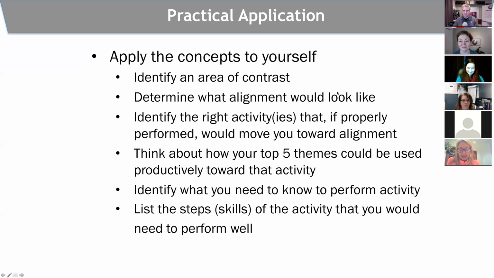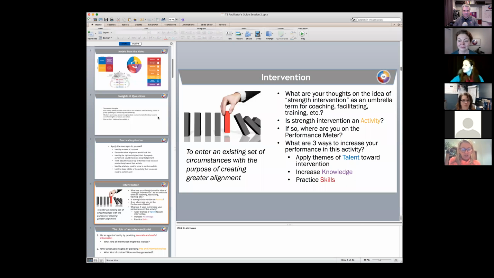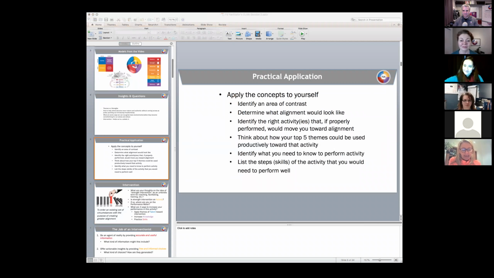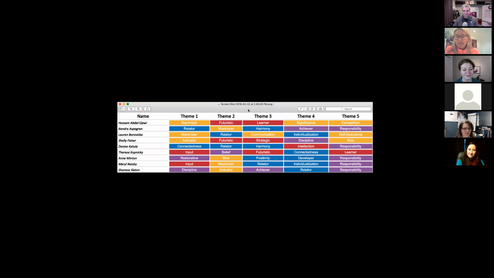And so I did the exercise using that example, and the alignment would be that I would be reading more, that I could say, actually, I'm reading every night. Identify the right activity: I joined Goodreads and their reading challenge, and I said I'd have to read 24 books this year.